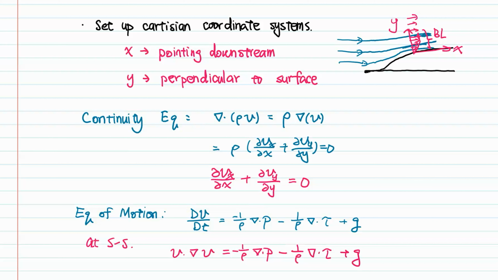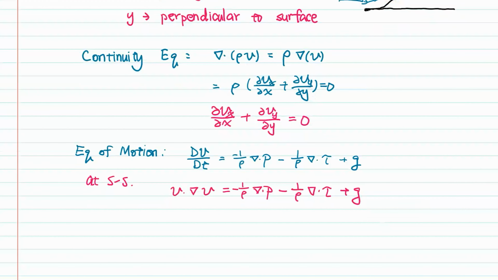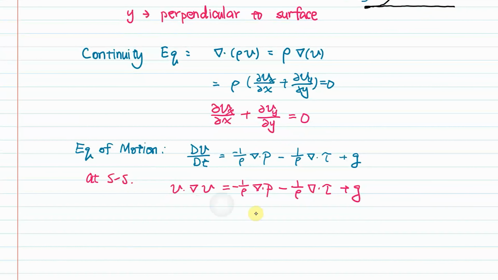Okay, and we can further decompose that into the x and y direction. So let's take a look at that. For the x direction, remember x direction would be along the streamline or pointing downstream.